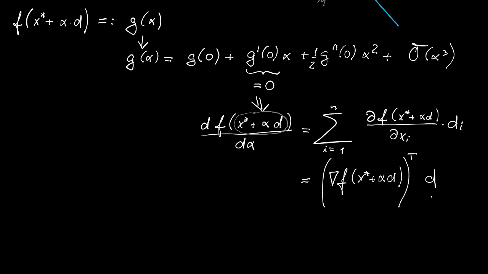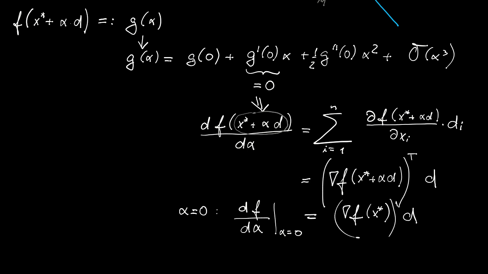Now, since ultimately what we are interested in is the behavior at alpha equal to 0, the derivative of f with respect to alpha evaluated at alpha equal to 0 is equal to the gradient of f at x star times d, and the gradient needs to be transposed.